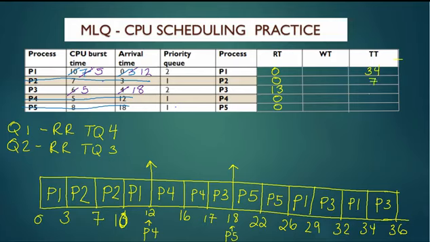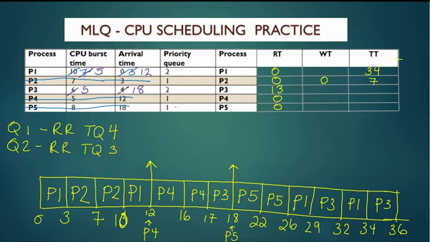All of those 7 time units were spent executing using its CPU burst, so therefore P2 never waited at all.